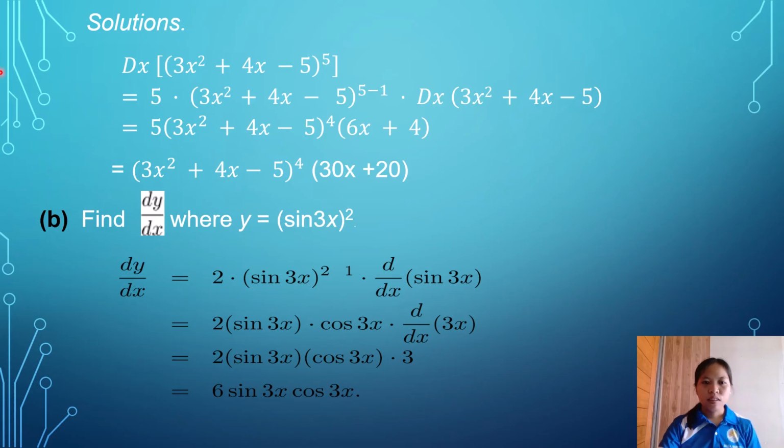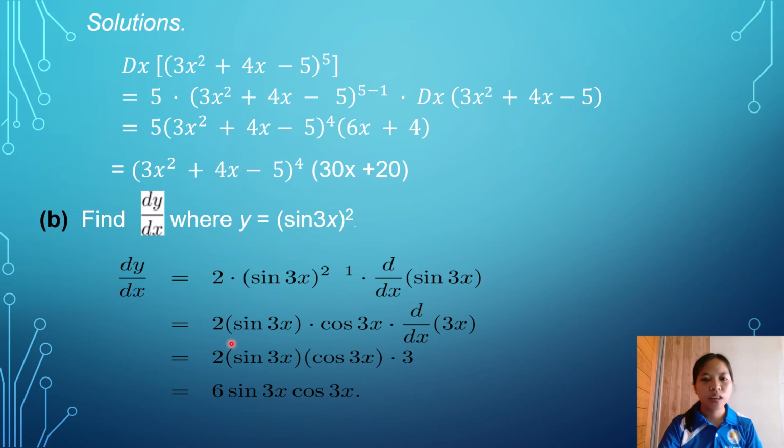Then let's simplify. 5 times the quantity 3x squared plus 4x minus 5 to the power of 4. It becomes 4 because 5 minus 1. Then multiplied by the derivative of the inner function, 3x squared plus 4x minus 5, which is 6x plus 4.